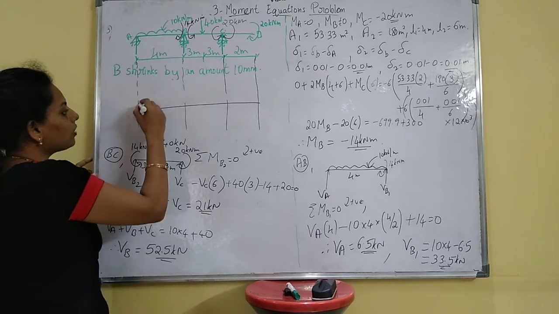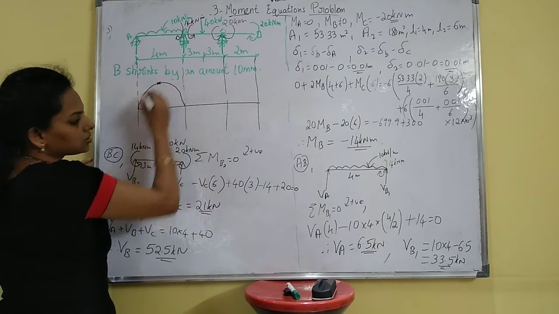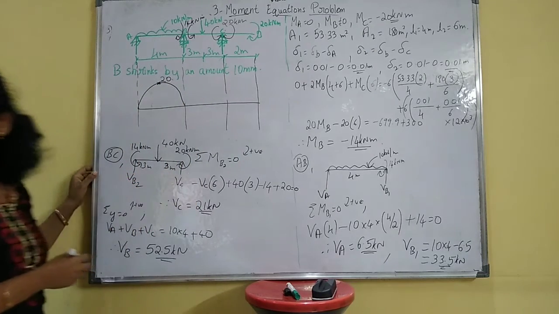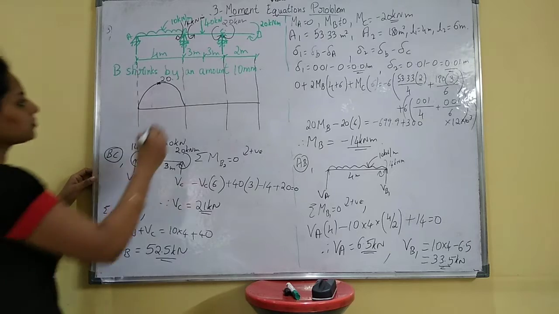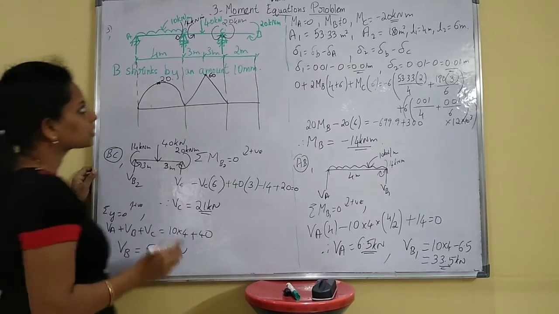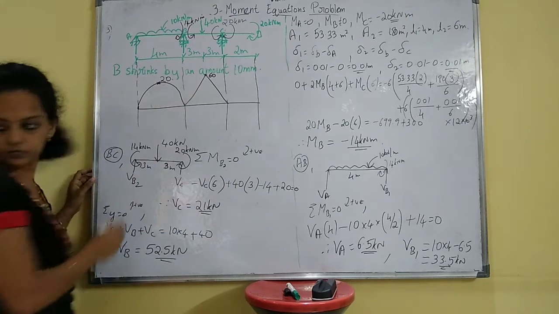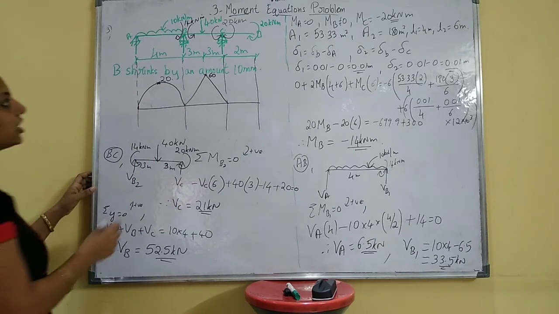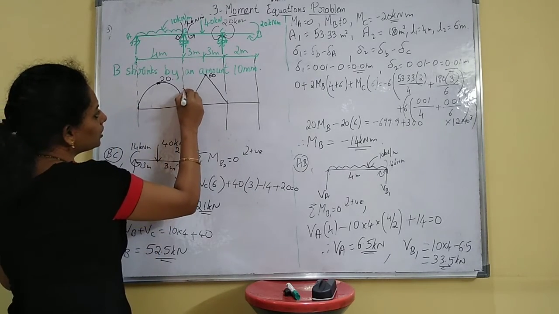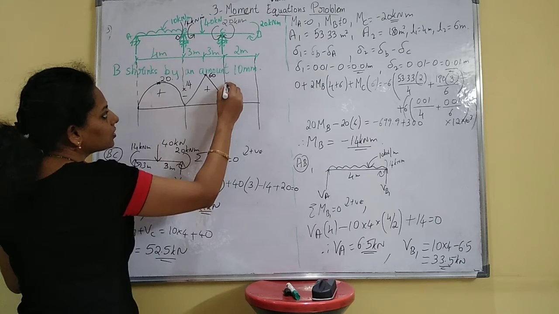So at span AB you have maximum bending moment like this, and this value is something like 20, and here you have 60. Okay. And joint moment, here it is no joint moment, here it is 14. So this is 14 minus 14, this is plus, this is plus, this is minus, and here 20.